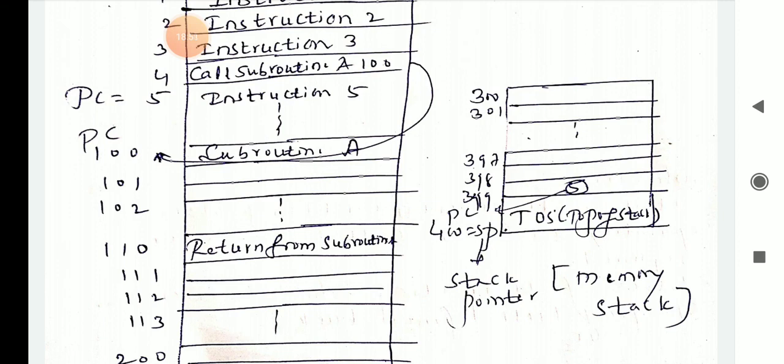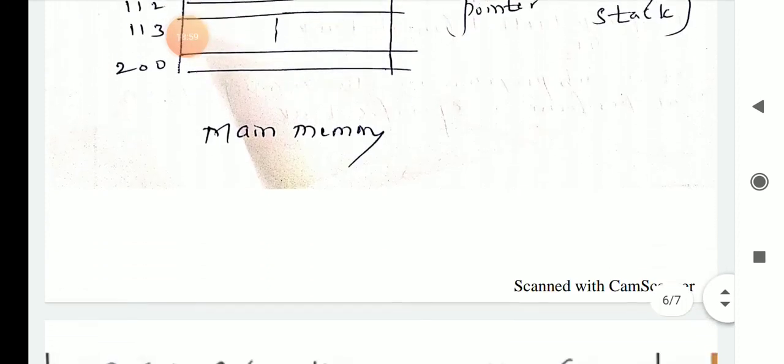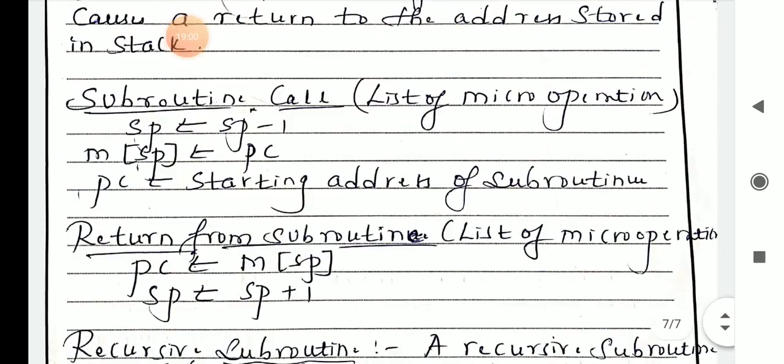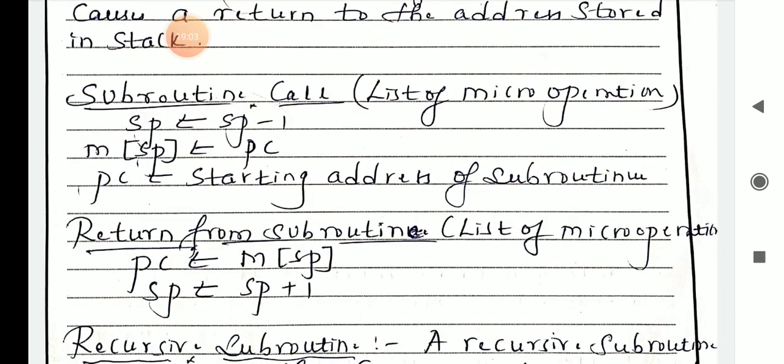So in that 399, in the memory of that program counter, you have the value 5. So in that 399 you have 5. Next, memory of the stack pointer should be in the program counter. So whatever the 5 is, the program counter is at the 399th position. So the program counter holds the starting address of the subroutine.